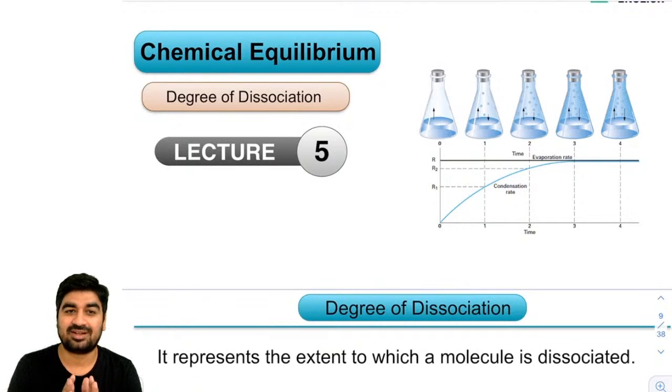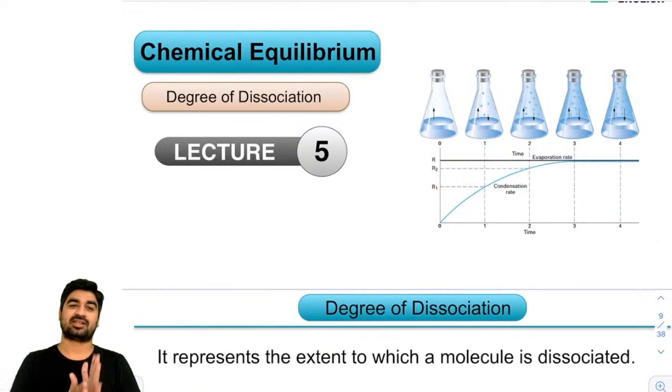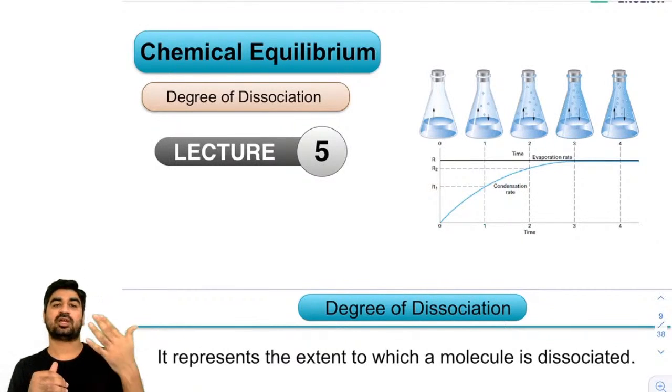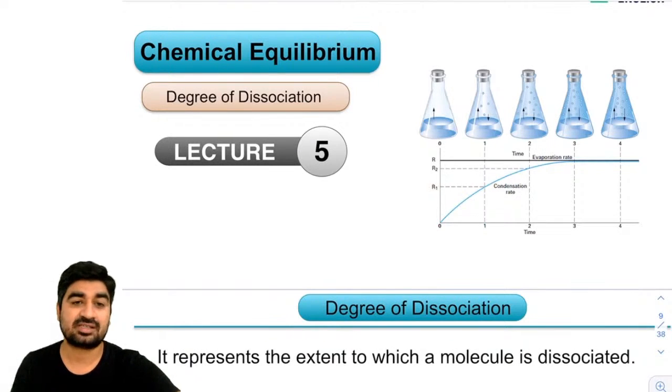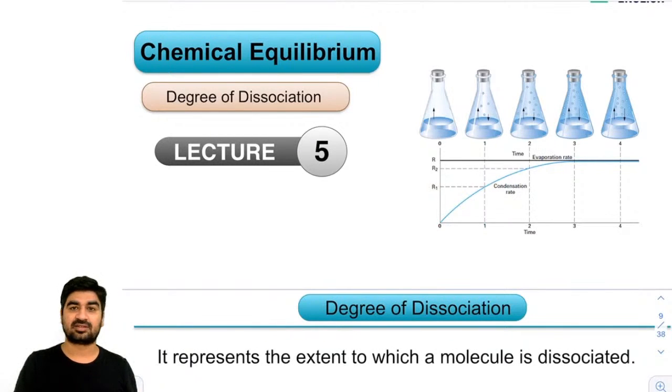First I will break up this term and explain the meaning of degree of dissociation, and then we will move on to how to calculate degree of dissociation, what its advantages are, what vapor density is, and why we are calculating degree of dissociation. Is there any specific reason behind it? These are all the questions which might be in your mind currently, and I will try to answer all of them, guys.